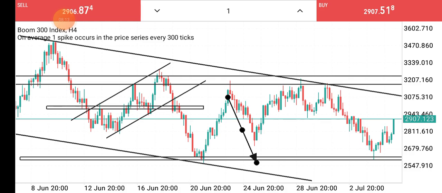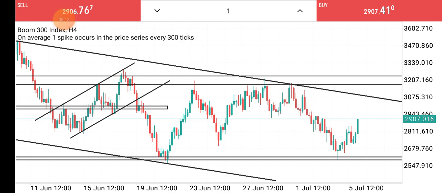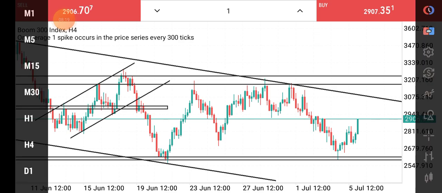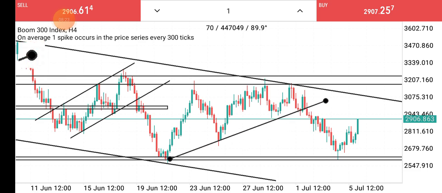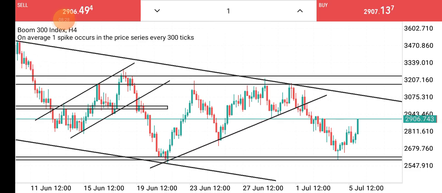And then while the market has already formed that, we still have another opportunity here. Like right now, you can see what the market did here. The market did this and it broke out. Then for this one, the pattern the market has formed will be something like this.